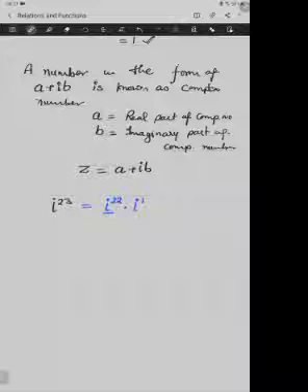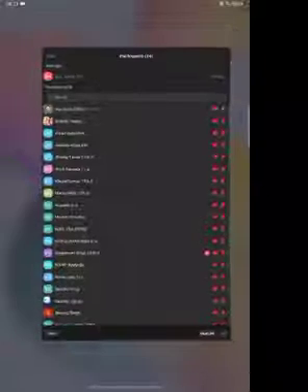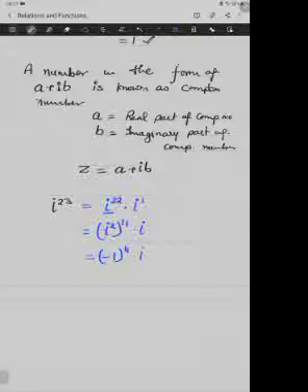Now you know very well that in multiplication powers get added. So now it will be i to the power 2 to the whole power 11 into i. i to the power 2 can be written as minus 1, so minus 1 to the power 11 into i.